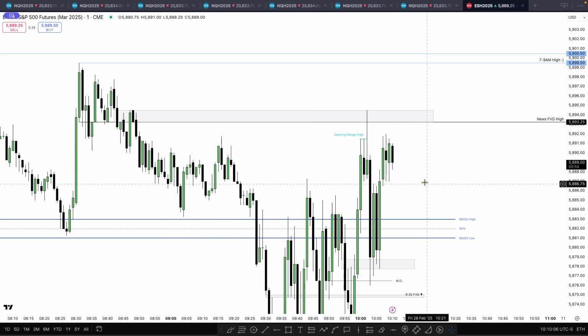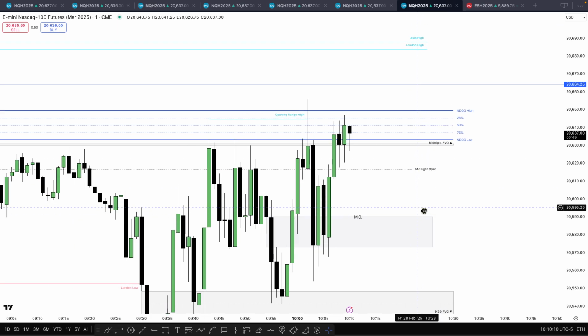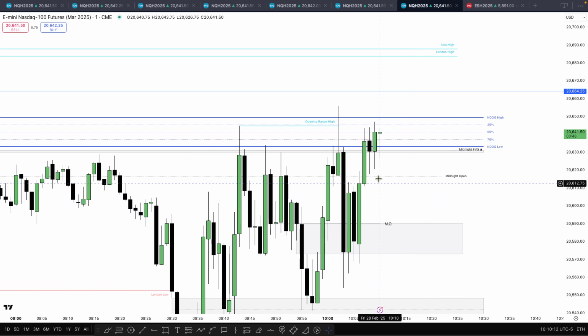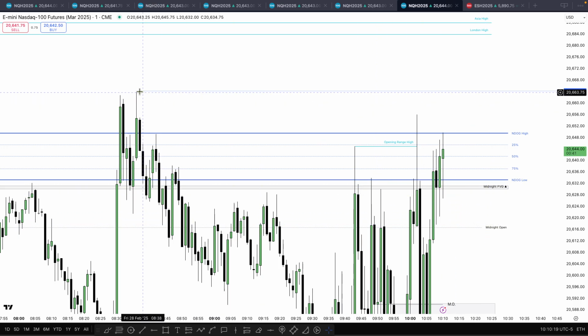So we'll see if we can get up there. Close above midnight fair value gap. Next step, we need to get above the new day opening gap and run here.